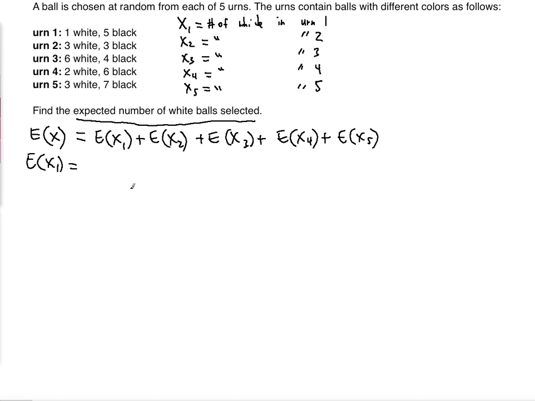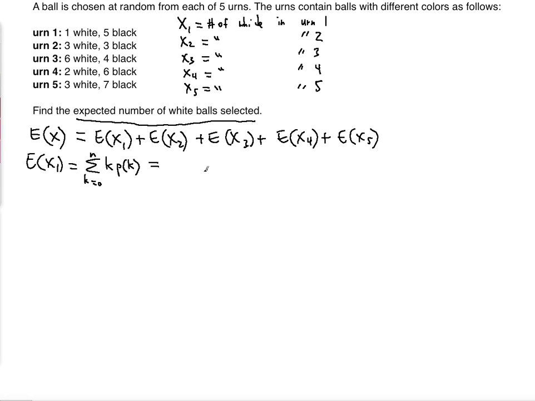As you know, the expected value is the summation from k equal to 0 to n of k times the probability of k, right?